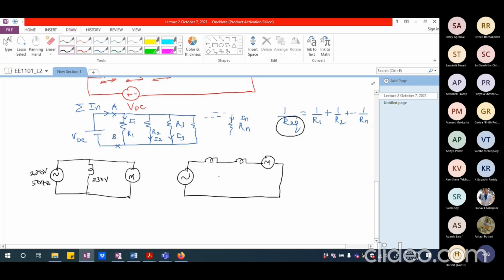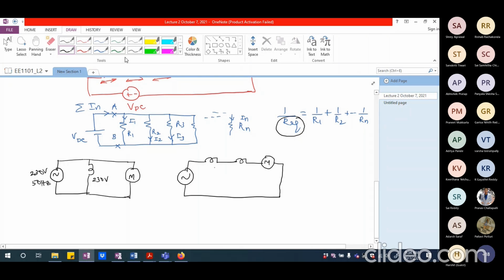So definitely series is not the way we generally connect equipment at home. The only exception you may see is the decorative lamps you use during Diwali or similar occasions, which are generally serial lamps. That's where you see that even if one of them fails, none of them work.